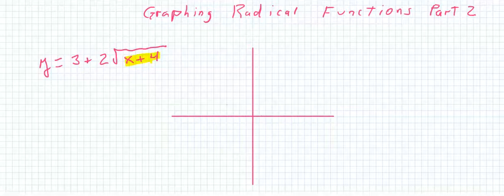My starting point then is negative 4, and y is 3: negative 4 plus 4 is 0, the square root of 0 is 0, times 2 is 0, and then 0 plus 3.